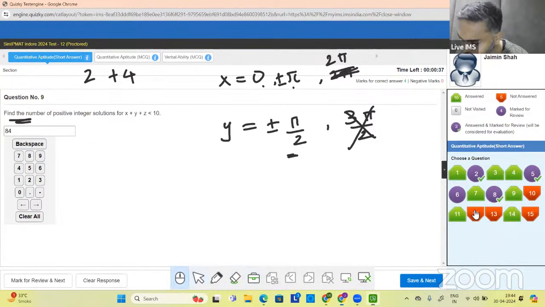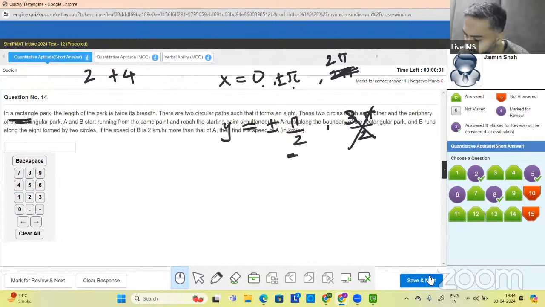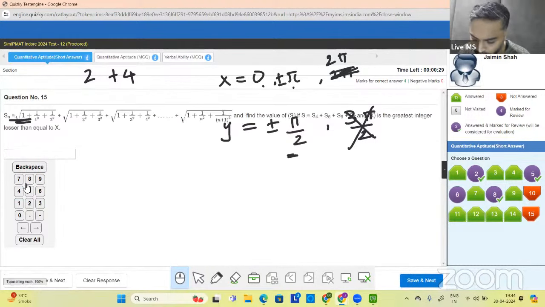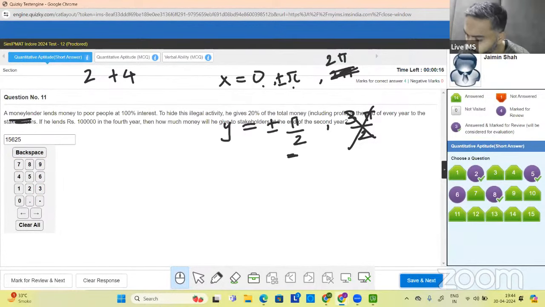Okay, now let me go back to this. ठीक है, I'll just enter one here. I'll enter 10 here. ठीक है.